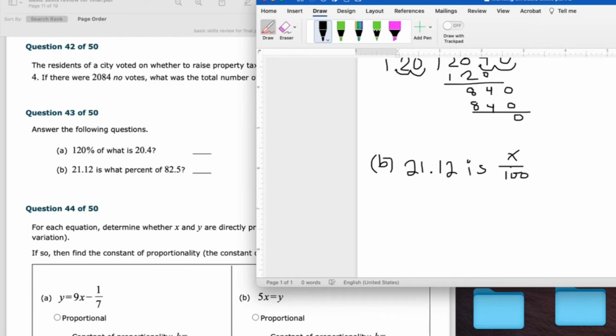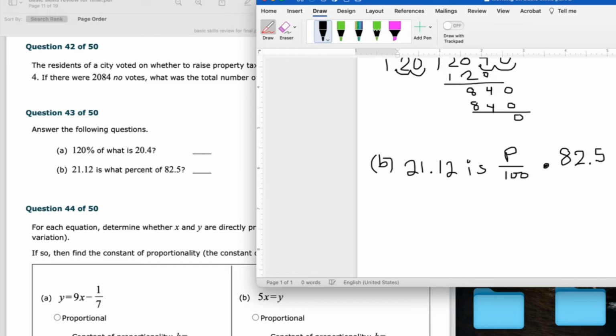When I finish, I have to put it in percent form, so it's going to be x percent. To keep track of the fact that it will be a percent when we're done, a lot of people would use P as the variable, because it's going to end up being a percent times, because of the of, 82.5.